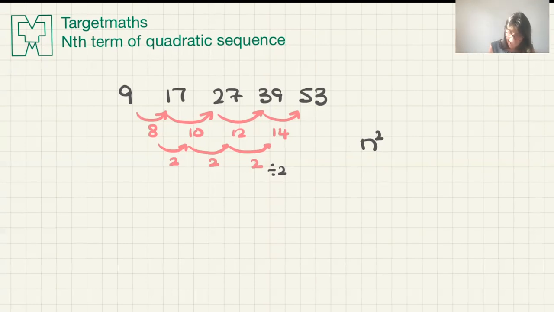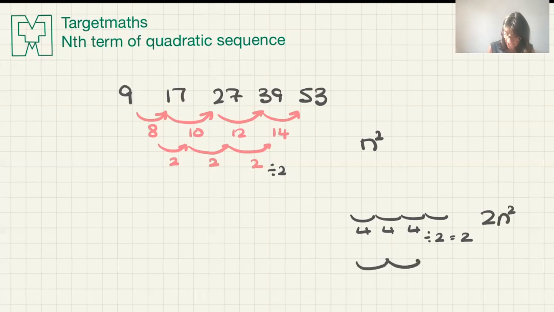So let's say I had a final gap after doing the working out, and it was coming out 4 every time. That would mean I need to divide by 2, which gives me 2. So I would be writing 2n squared.